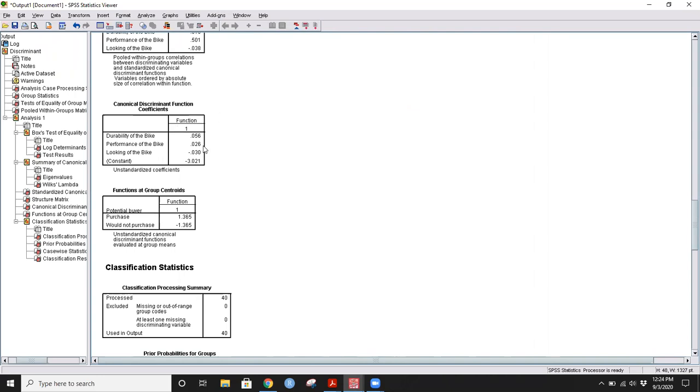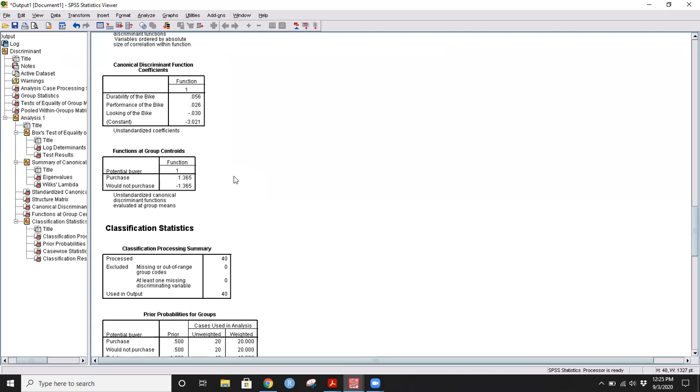The hypothesis you're testing is that there is a linear combination of variables which, when appropriately weighted, like beta weights, so these are your beta weights, will maximally discriminate between the two groups, two or more groups basically, on the dependent variable, and permit new cases to be classified into the groups. So if you have a holdout sample, you can classify those people into the groups using this information.